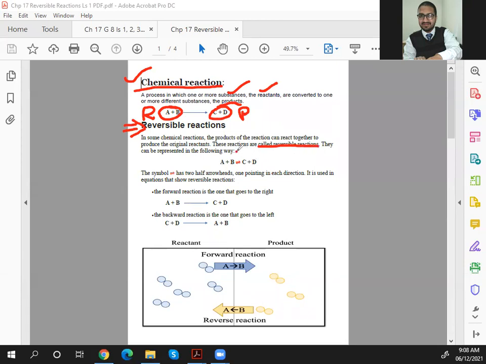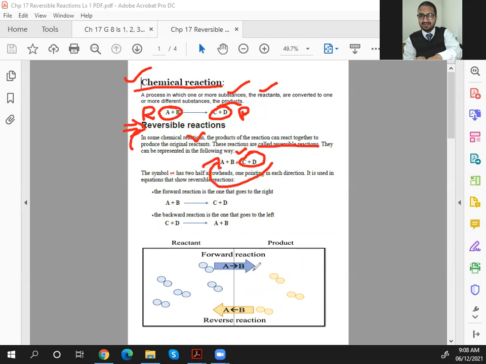Thank you very much. Now, if you focus on the definition of reversible reaction, it tells you that in a chemical reaction, the products of the reaction can react together to produce the original reactants. What does it mean? The products react again and give you back the reactants.